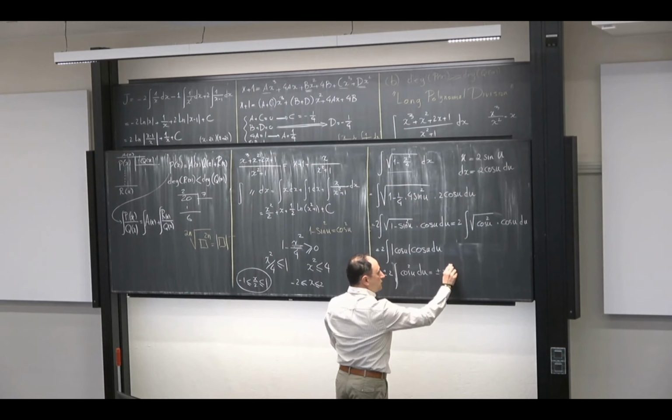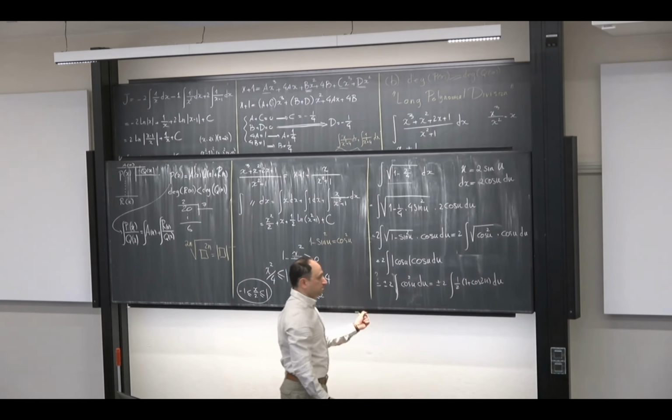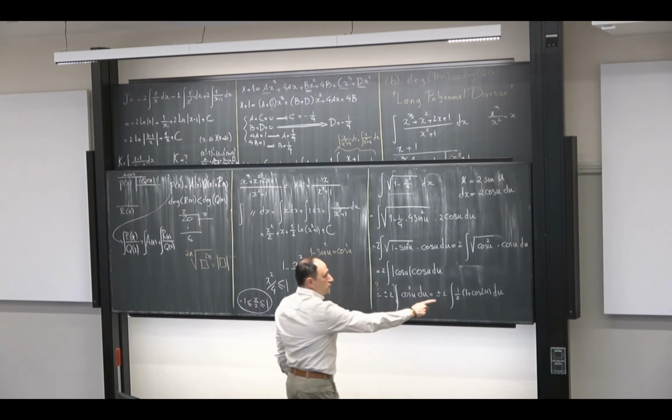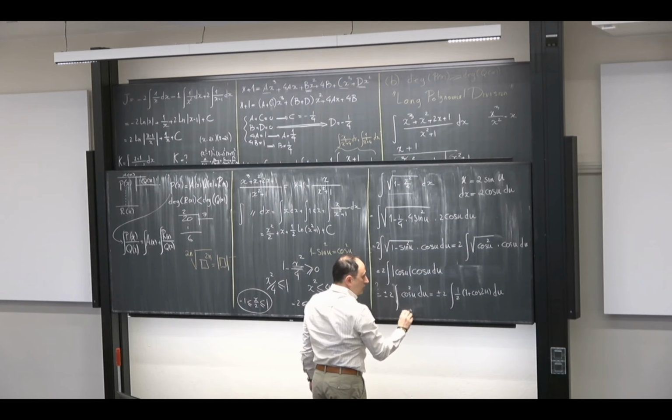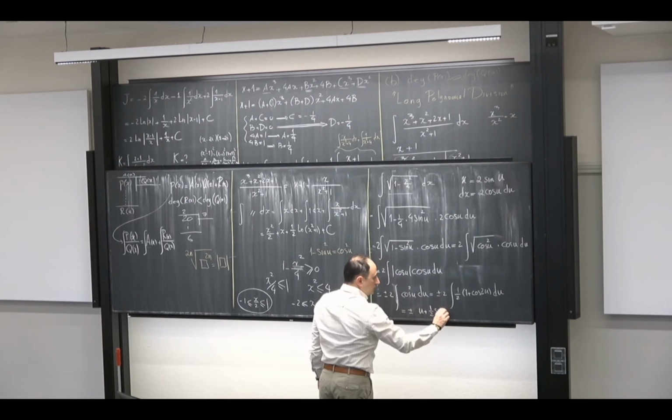So it is 1 over 2, 1 plus cosine 2u. And then of course these 2 and that 2 are cancelled, so it becomes plus or minus, then the integral becomes u, and then 1 over 2 sine 2u.